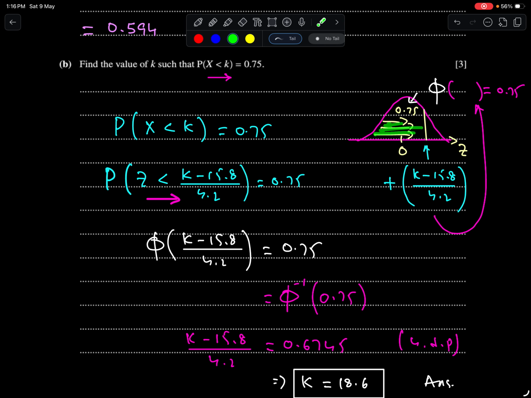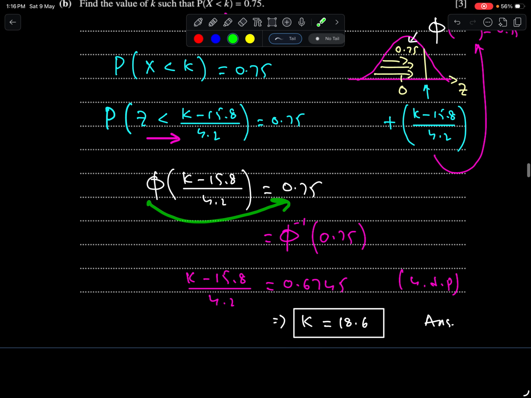So this area is 0.75 and this unknown is on the right side of 0, so it's positive. Since the area is large, phi of this is 0.75. This is phi inverse, get its value from the table, 0.674. I used a calculator, that is why I got 5, but if you write 0.674 it's perfectly fine, and that's the value of k.